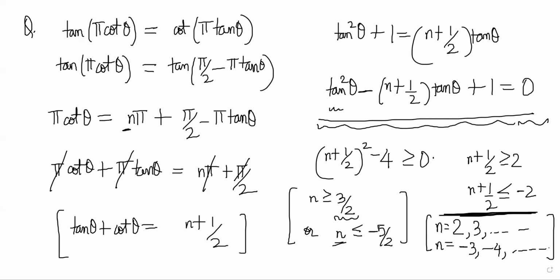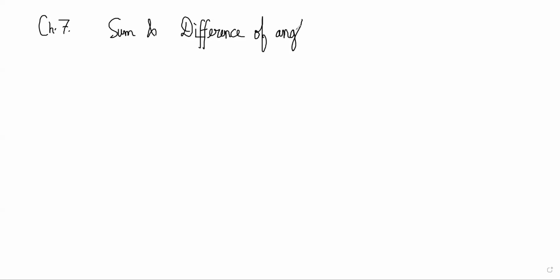Okay, then we'll move on to the next topic, which is chapter 7, which is basically sum and difference of angles. Yes, sir. And we have to learn about the trigonometric ratios of those sums and differences.